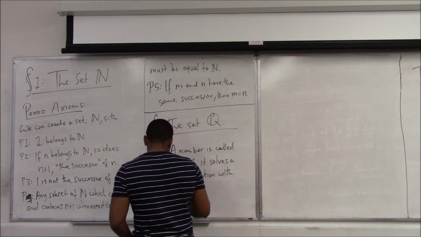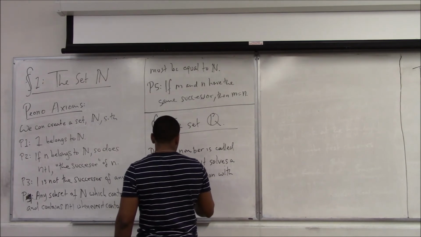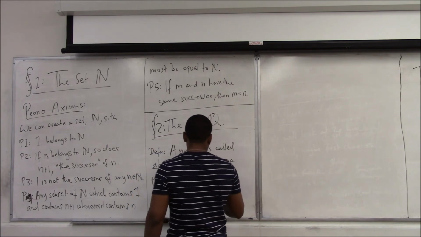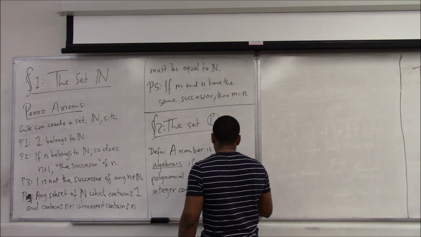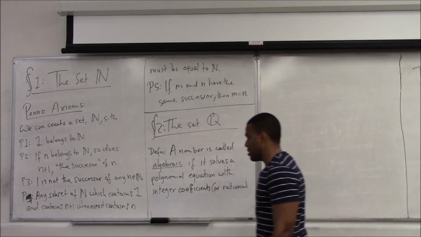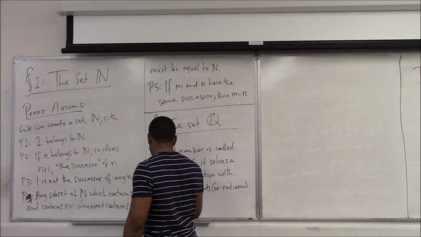Technically, you could say rational coefficients, because if you have rational coefficients, you can always just clear the denominator by multiplying by the LCD and create a polynomial with integer coefficients.